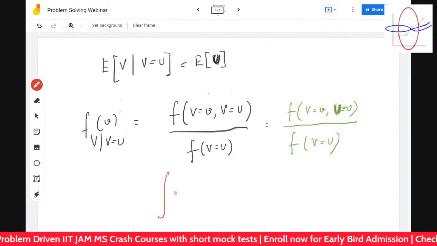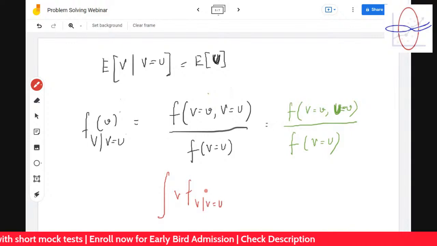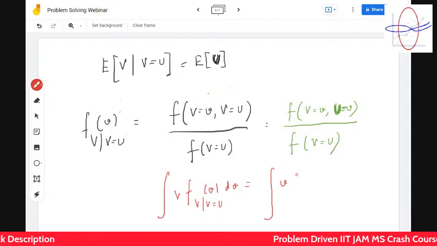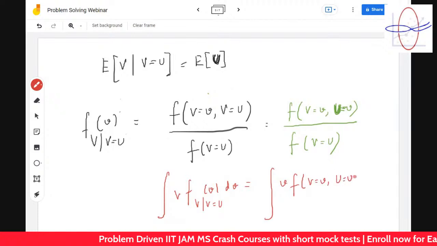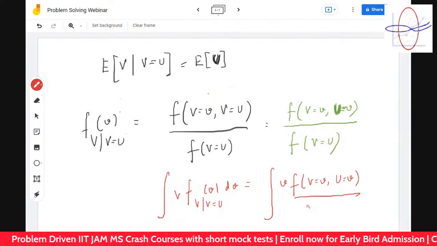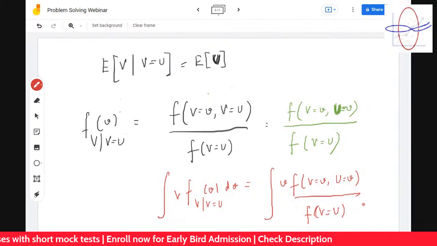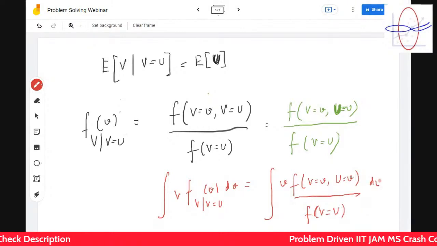Integration of V times f of V given V is equal to U, dV, this will turn out to be what? Integration of V times f of V is equal to V and U is equal to V by f of V is equal to U, dV.